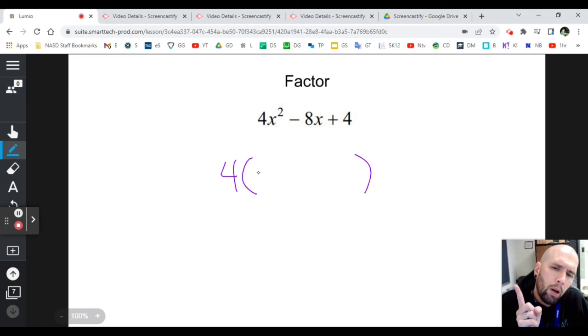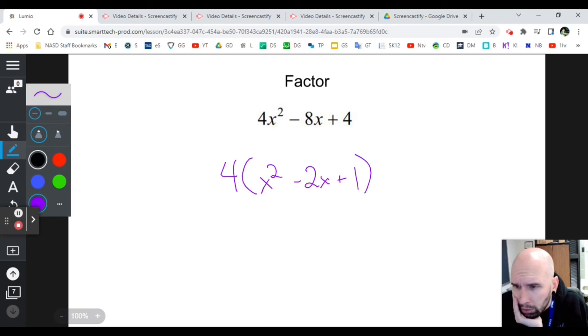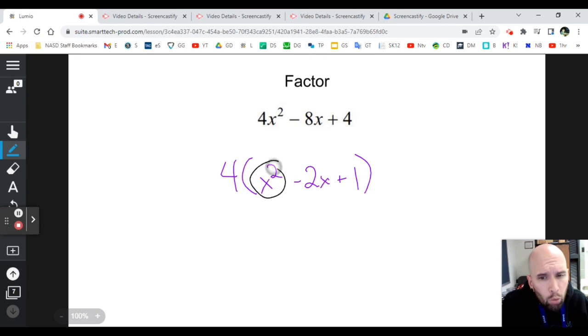So if I pull a 4 out, that leaves me with x squared minus 2x plus 1. Now this section is still called a perfect square trinomial. Look at what's left over. Can you factor that further? Yes, you can. That's a square, it becomes an x. That's a square, it becomes a 1. 1 times x is 1x. Multiply that by 2 and you get 2x.